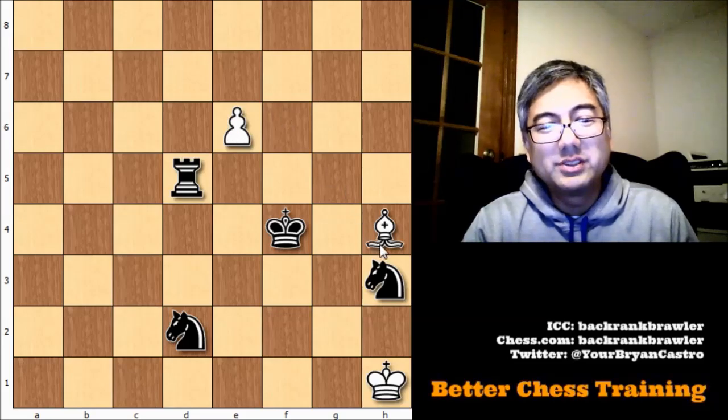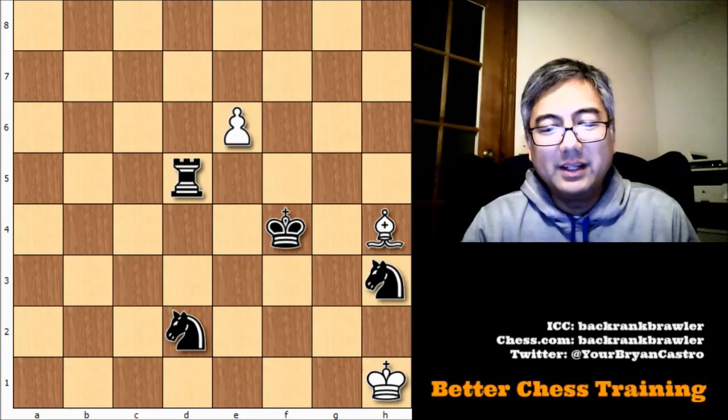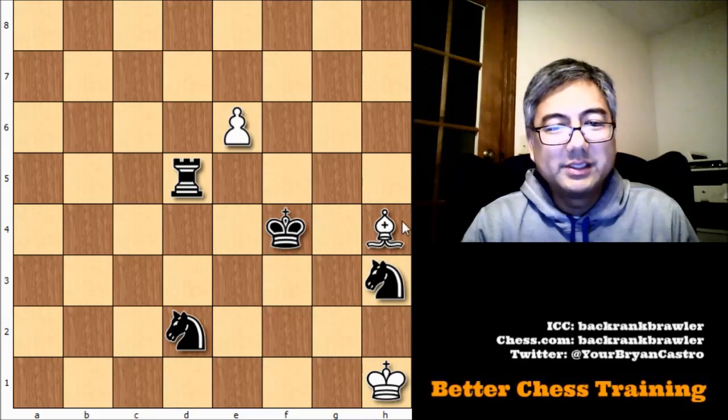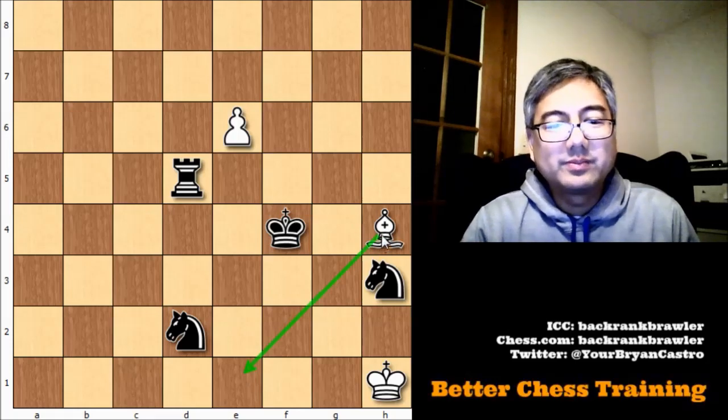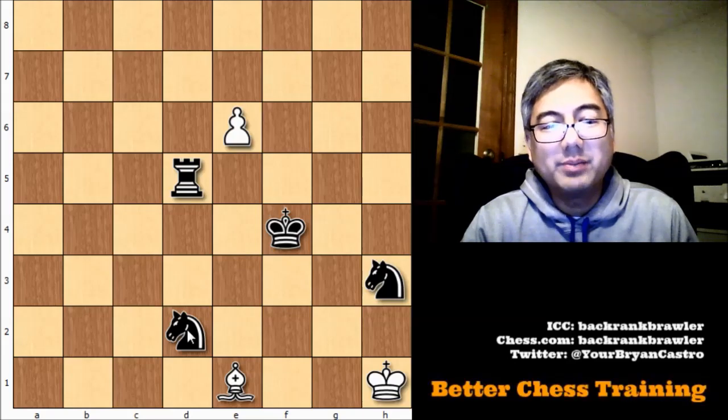You can almost eliminate any other candidate because if you were to move, for example, let's say you move this bishop away from basically anywhere. Let's say you move it here to attack this knight, for example.